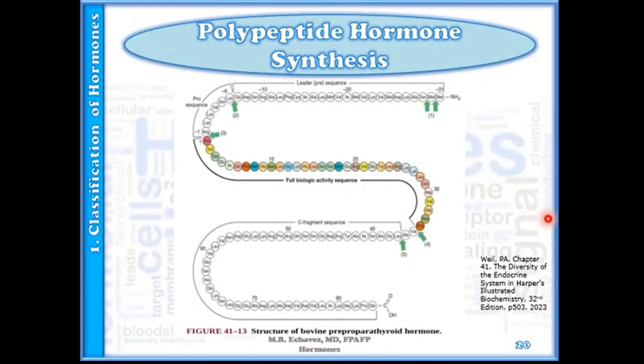Very specific fragments of parathyroid hormone are generated during its proteolytic digestion. A number of proteolytic enzymes, including cathepsins B and D, have been identified in parathyroid tissue. Cathepsin B cleaves parathyroid hormone into two fragments. So here, this is your amino acids 1 up to 36, and then you have amino acids 37 up to 84.